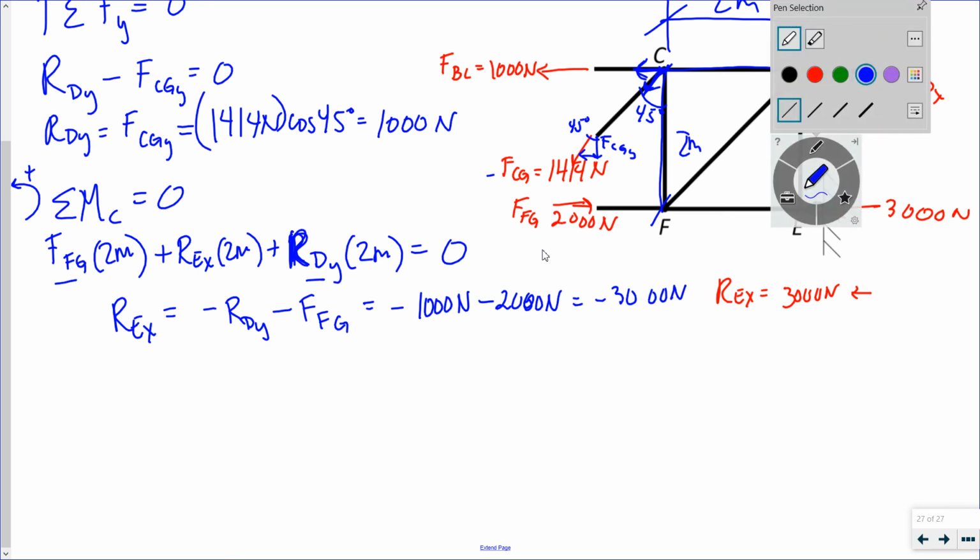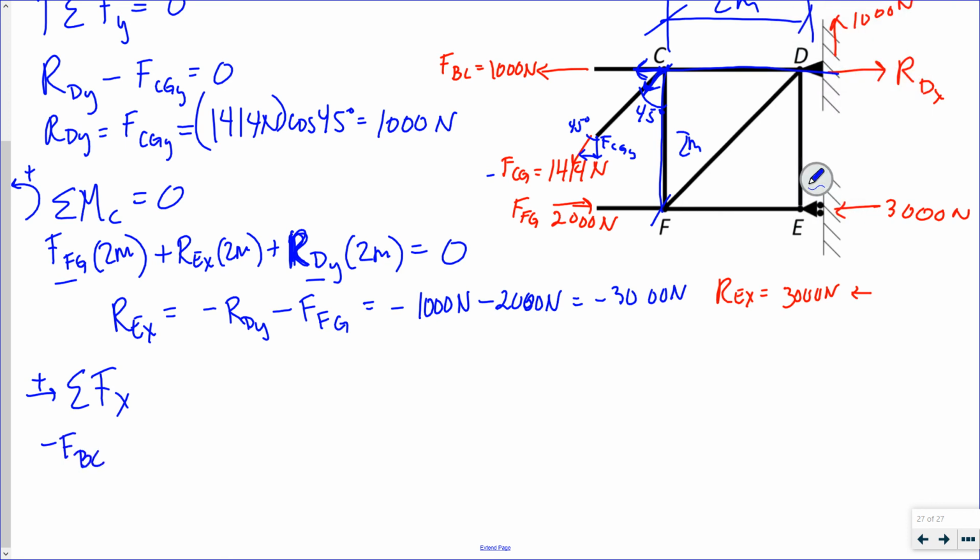So I can take the sum of the forces in the x direction. I have FBC acting to the left. The horizontal component of FCG acting to the right. The reaction at E in the x direction at 3,000 newtons.